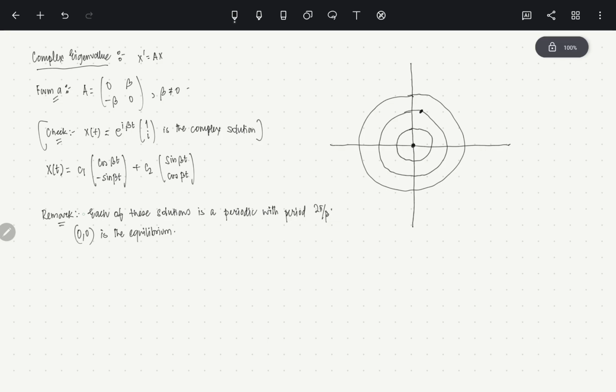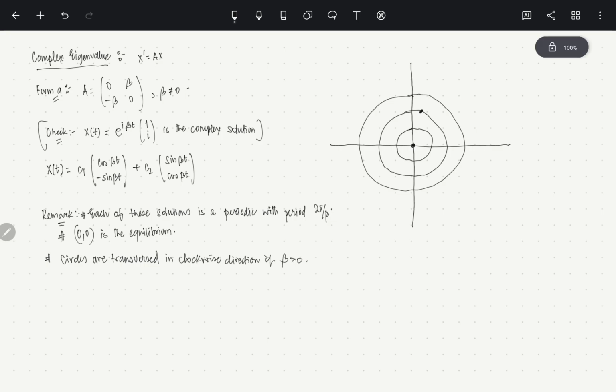Now, so please check this part. Let's put a hash there. See that the circles are traversed in a clockwise direction if beta is positive.